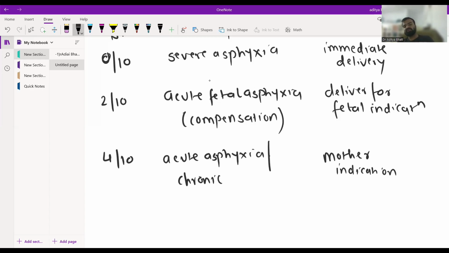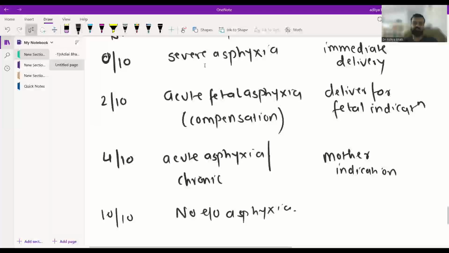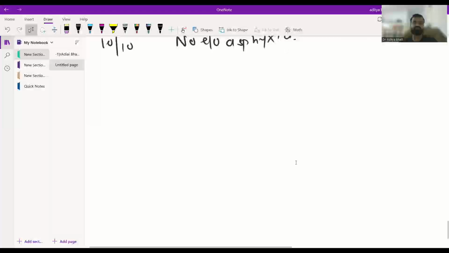And you have to closely monitor, because this patient can deteriorate acutely to 2/10 or 0/10. And obviously 10/10 has no evidence of asphyxia, and you do not have to do anything. You can just wait. Okay. So this is the interpretation of the Manning score.